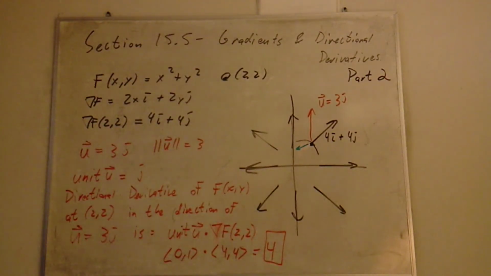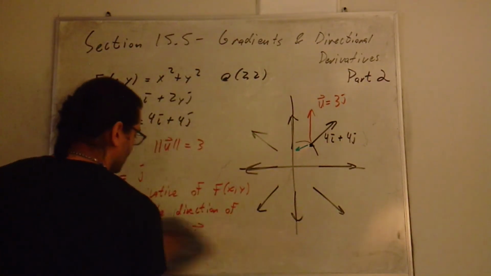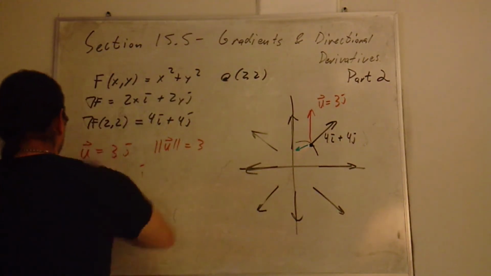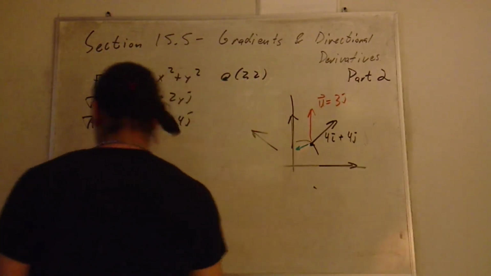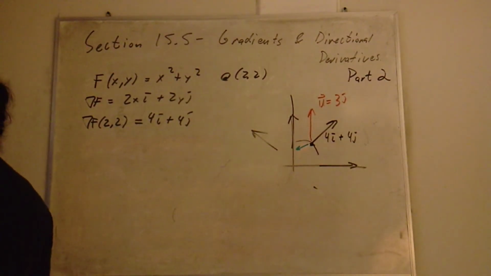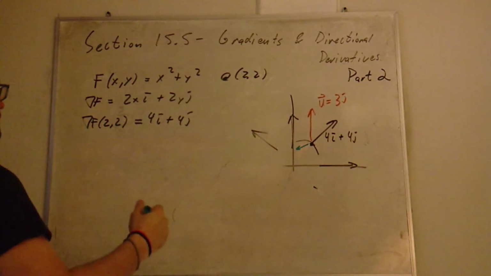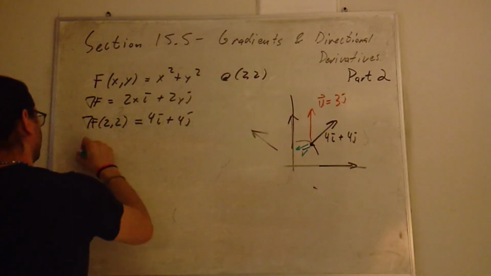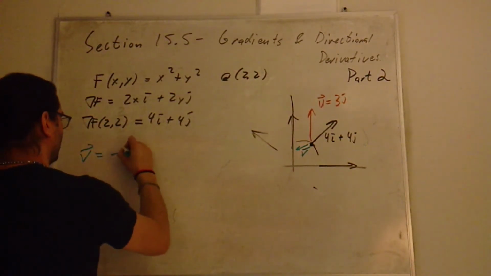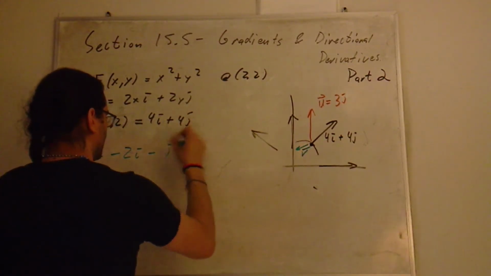I'm going to see if I can do the green directional derivative real quick. Let's say this is v, and v is negative 2i minus j.